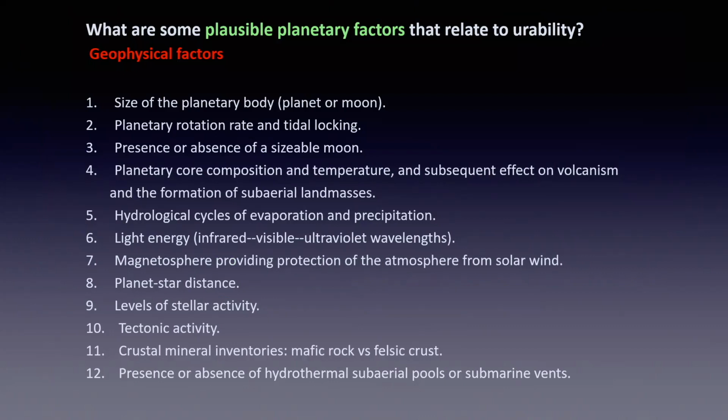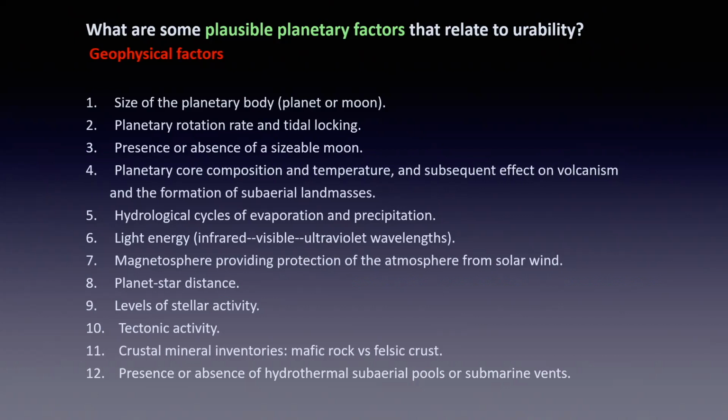And that makes a real difference. So there's got to be a minimal size at which an atmosphere can remain and take part in the origin of life. Then halfway down, you see number 5, hydrological cycles of evaporation precipitation. That's those wet-dry cycles that we think are so important.